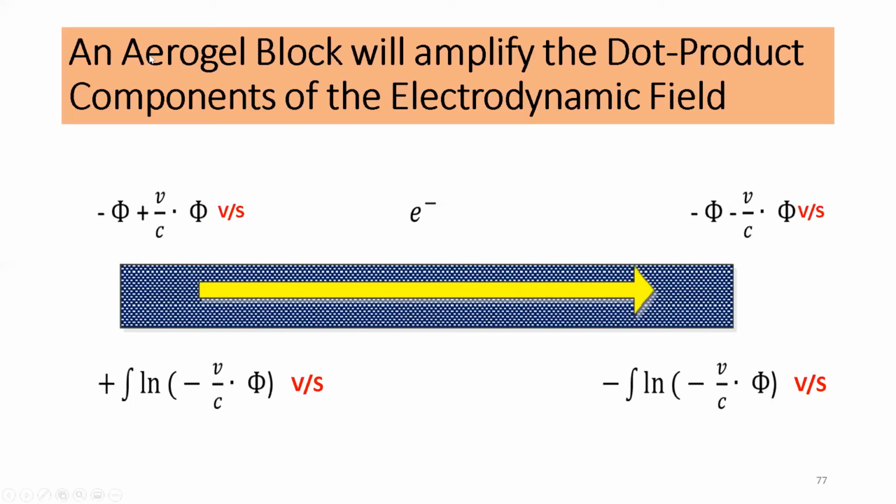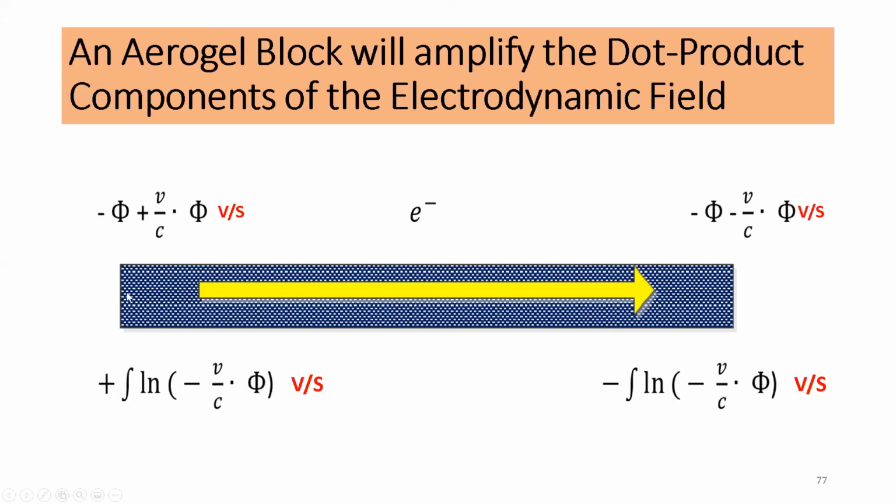And so the way this works, aerogel will amplify the dot product components to the electrodynamic field that are currently gauged out of electromagnetics. So same thing again, we have the dot product, the electrons moving here. If I stood at this end of the block, I'm going to see all these potential increases down the whole block, and so they're going to integrate.